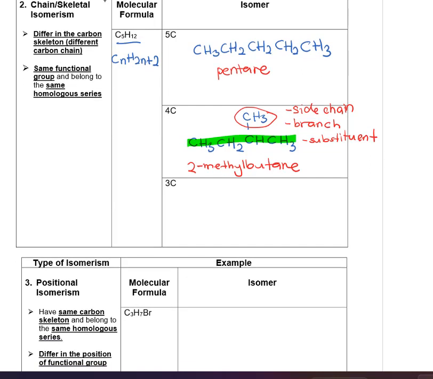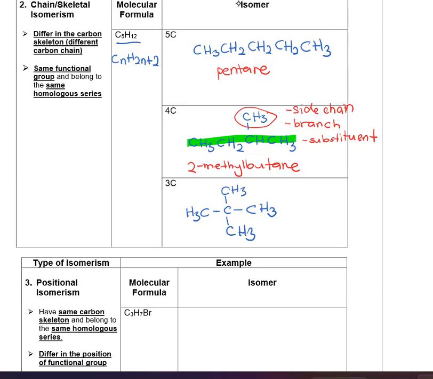And then for this one, the longest carbon chain is 3 carbon. At carbon number 2, I add on 2 branches. We still use 5 carbon and 12 hydrogen, but this one has a different name.